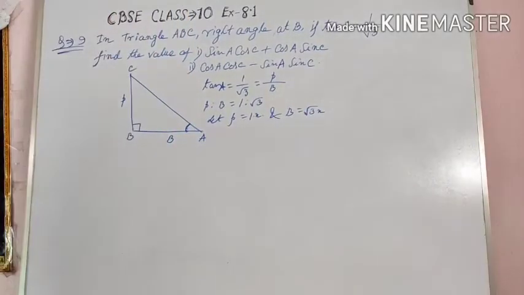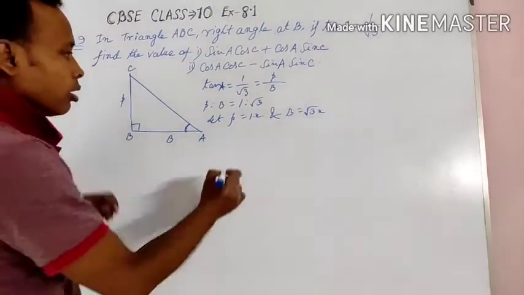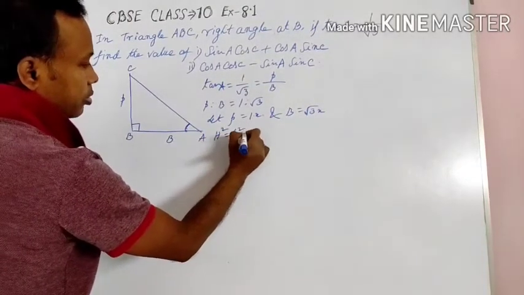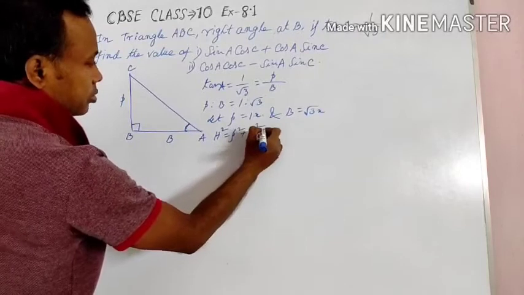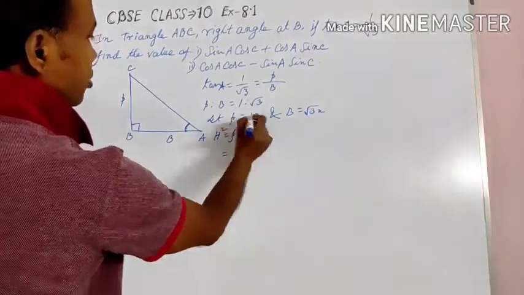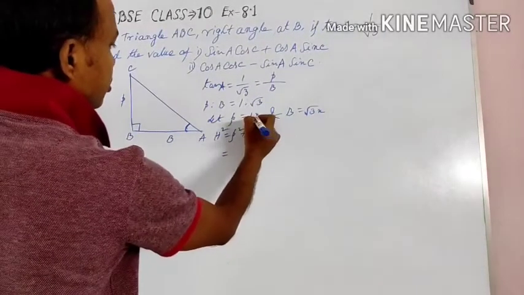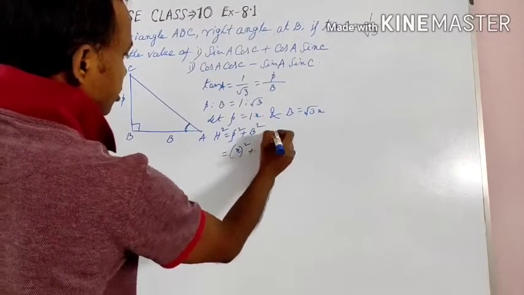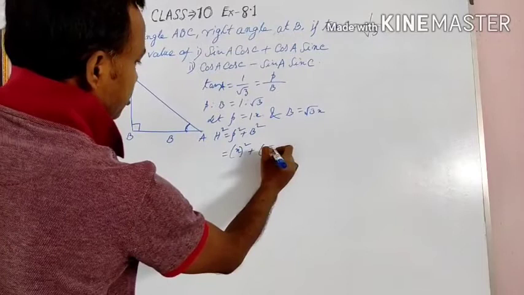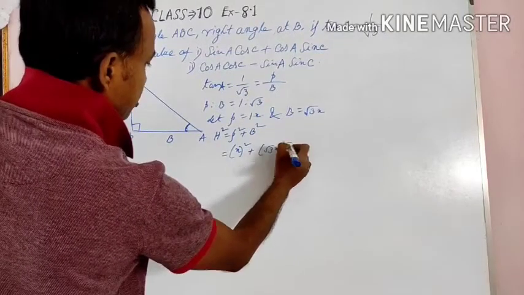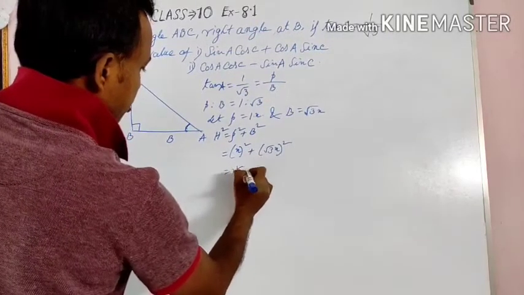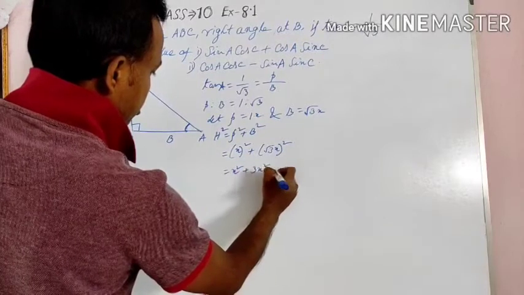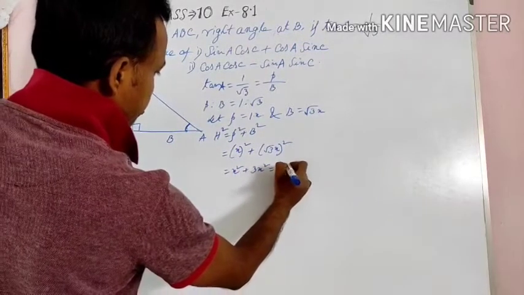According to Pythagoras theorem, hypotenuse square is equal to perpendicular square plus base square. Put the value: 1x, that is x square, plus base root 3x whole square, that is x square plus 3x square, that is 4x square.